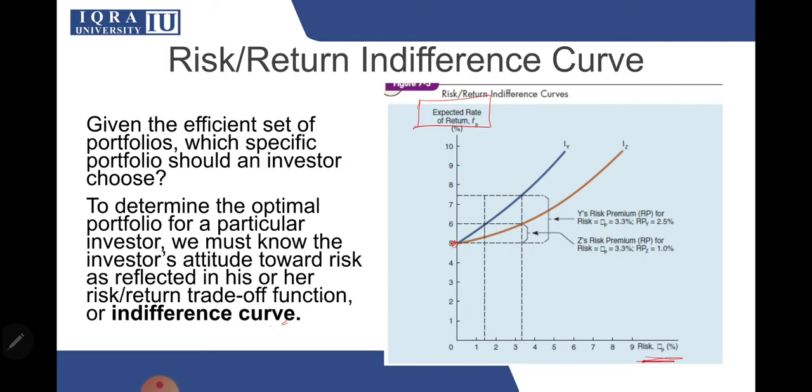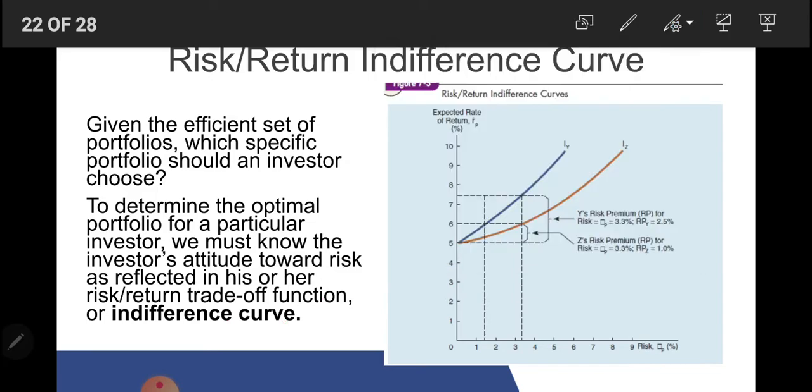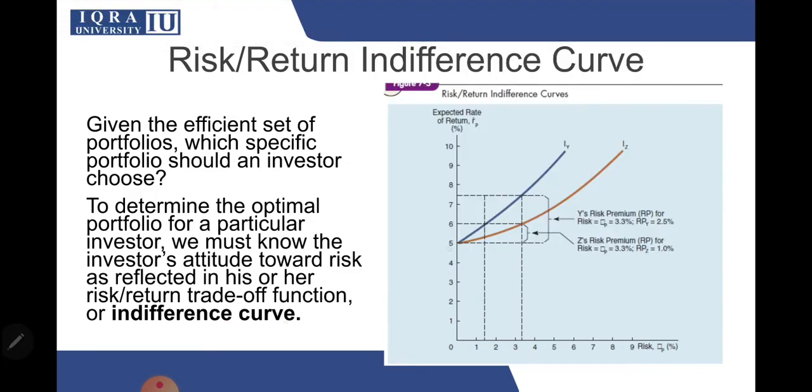Now over here, if you look at this point, so at this point, this is a 5% expected rate of return at zero risk level. Okay, and let's look at this point. This point shows a 6% rate of return at a 3.3% risk level.